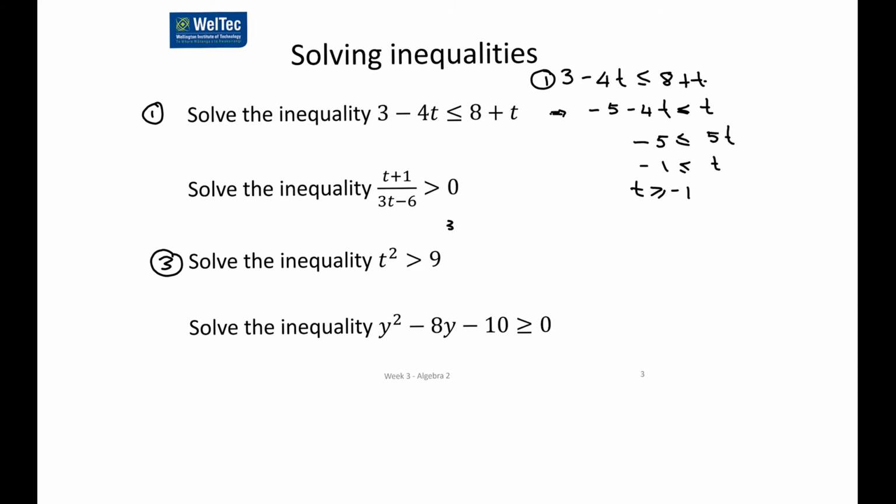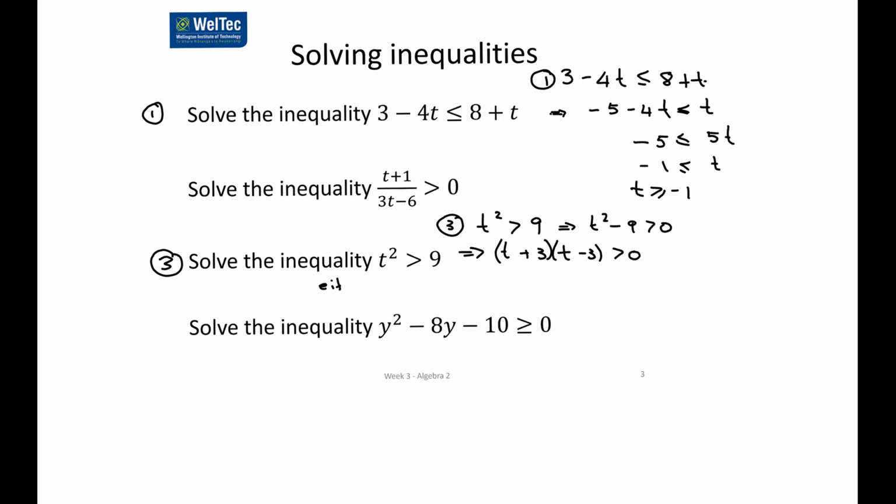Having a look now at number 3, where we've got t squared is greater than 9. So that means that t squared minus 9 is greater than 0. And we can factorize that. So we've got t plus 3 times t minus 3, because it's the difference of two squares, is greater than 0. Now, if two numbers multiply together to make a positive number, either the two numbers are positive or the two numbers are negative. So let's take the positive case.